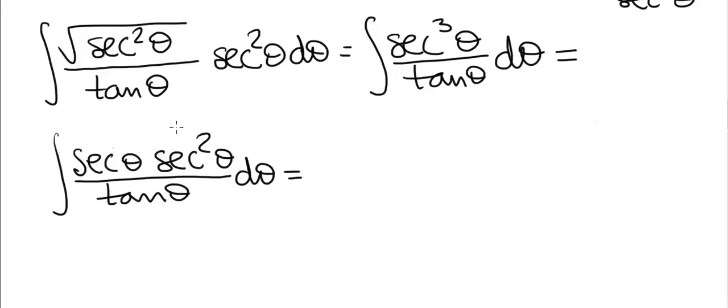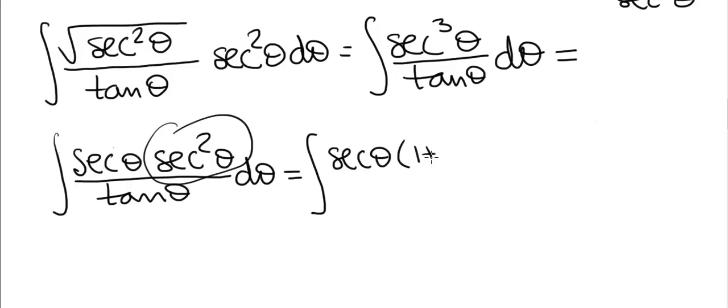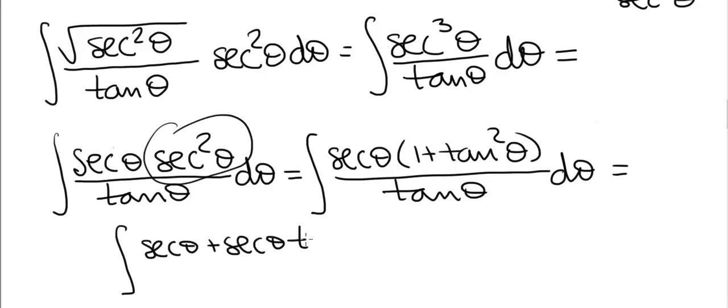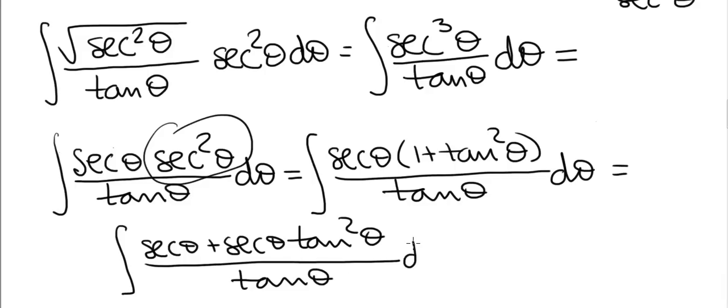And then we replace this secant squared with a trig identity. So this is secant theta times 1 plus tangent squared theta divided by tangent theta d theta. And this gives us the integral of secant theta plus secant theta times tangent squared theta divided by tangent theta. And let's write this as two separate integrals.